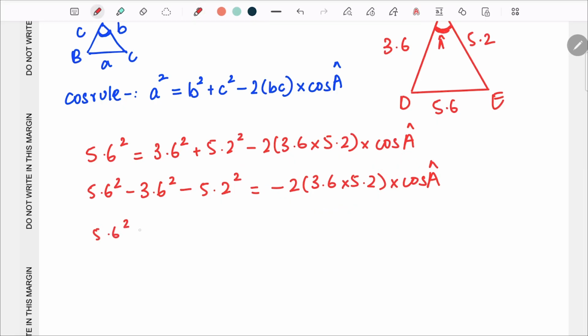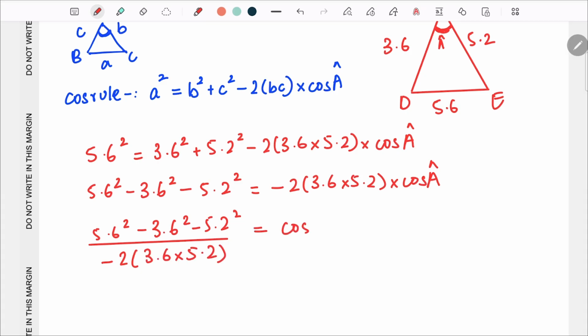So 5.6 squared minus 3.6 squared minus 5.2 squared divided by negative 2 multiplied by 3.6 into 5.2, which is equal to cos A.